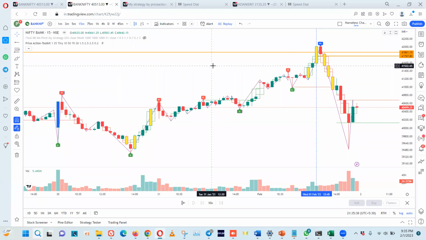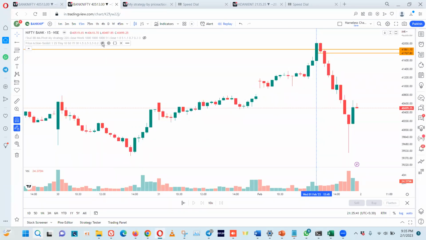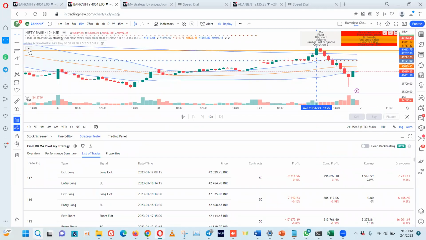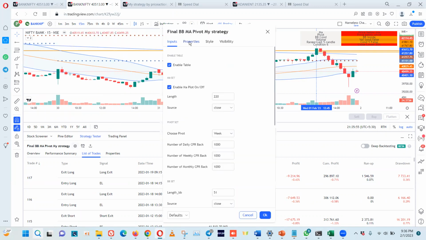And that is possible using TradingView chart or Python, or there are different ways. Some websites are also available. One needs to have some logic and create a code. So I have created one strategy. This is one strategy which is coded, and I'll show you some settings in this.